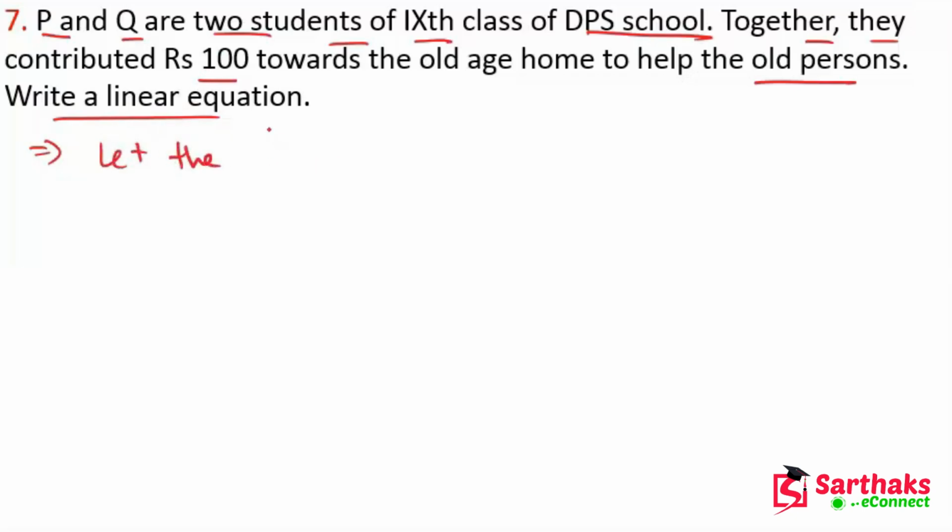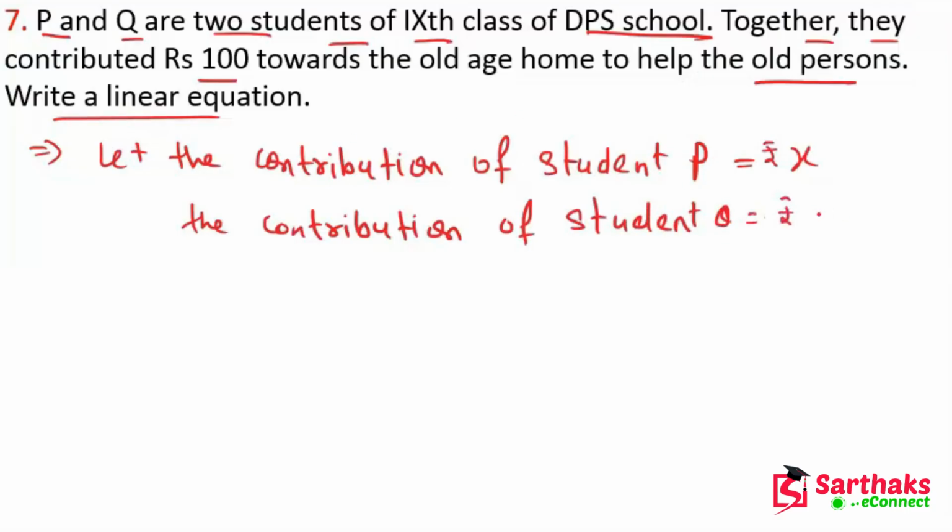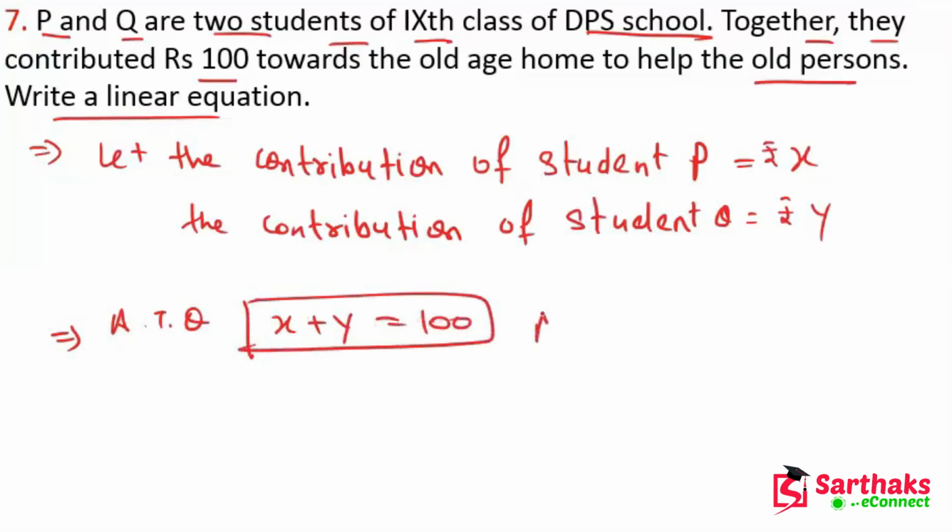Let the contribution of student P be x rupees, and the contribution of student Q be rupees y. Together they contribute 100 rupees, so we can write x plus y is equal to 100. So this is our answer. This is a linear equation in two variables.